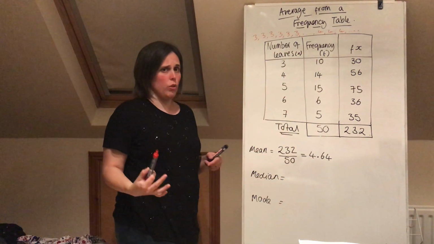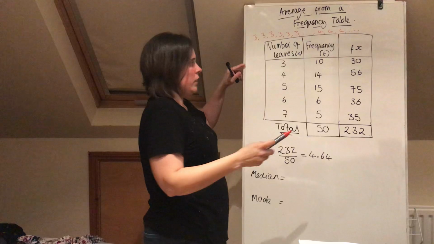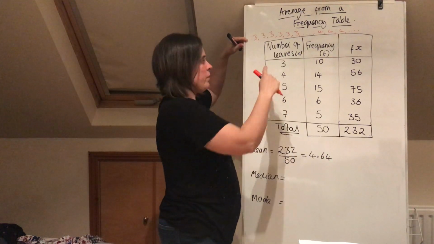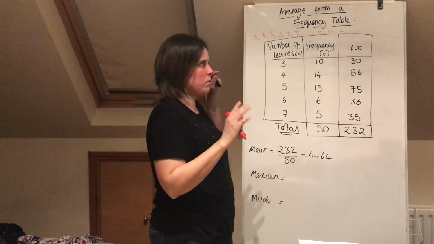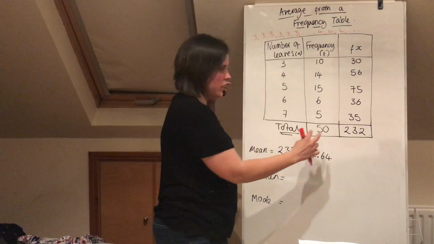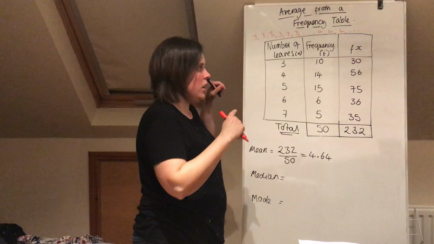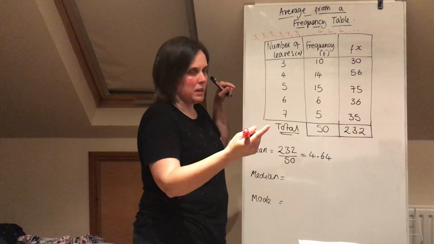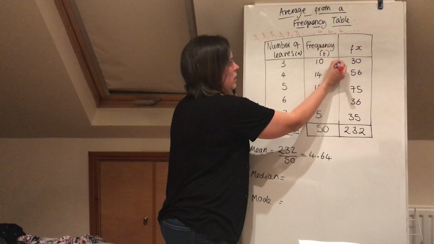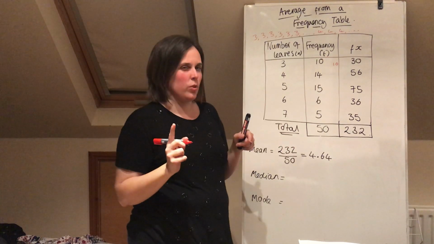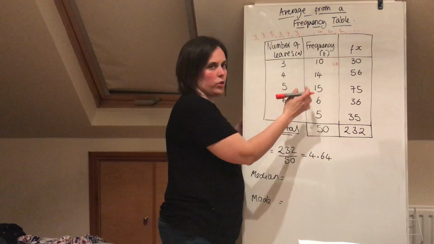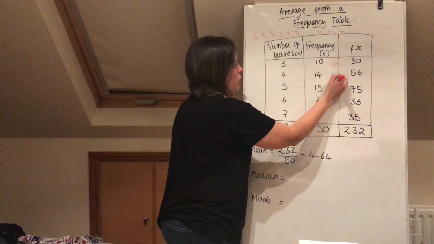Now we don't want to write that out, but if we think to ourselves, okay, we've got the number 3 written out 10 times, I've got 50, halfway is 25, so the 3s are only going to get me to 10, and I'm going to put that there to the side. That's not enough. If I add on 14, I'm now at 24.